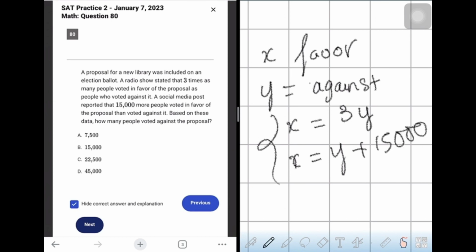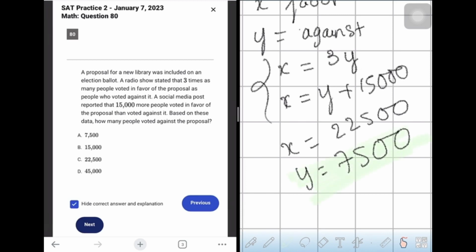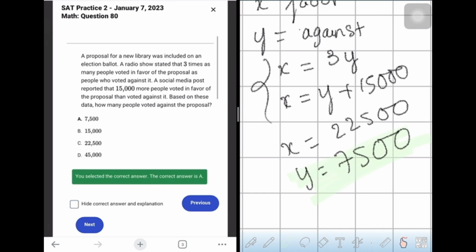Take out your calculator, we will solve it. x equal 22500 and y equal 7500. But look at the question, they ask how many voted against the proposal, so we just consider y here. So my answer is A, right?